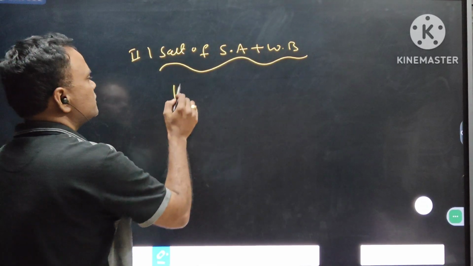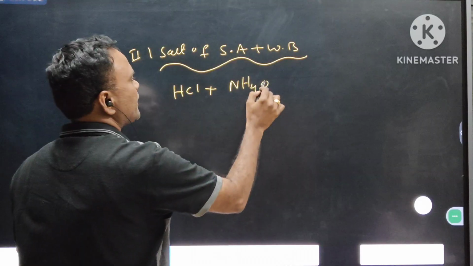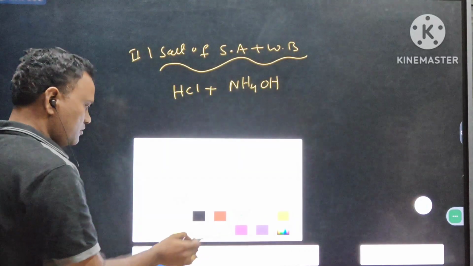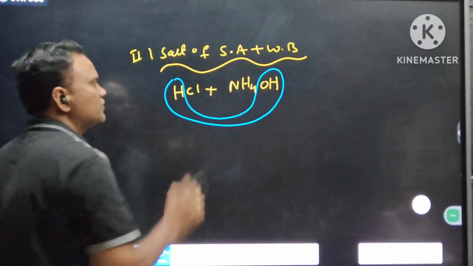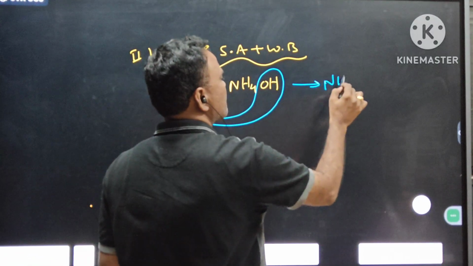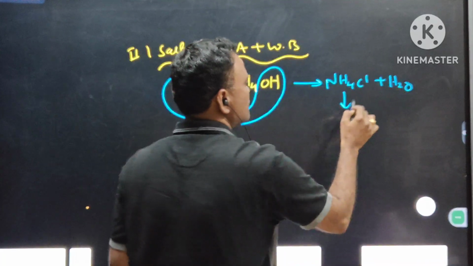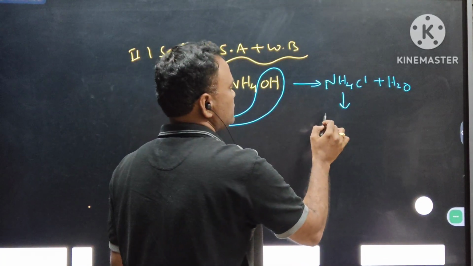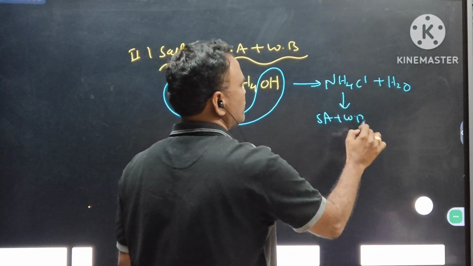Take one strong acid, HCl. Take one weak base, ammonium hydroxide. Remove water. H2O minus H2O. Remaining part NH4Cl plus H2O. So NH4Cl is the salt of strong acid plus weak base.